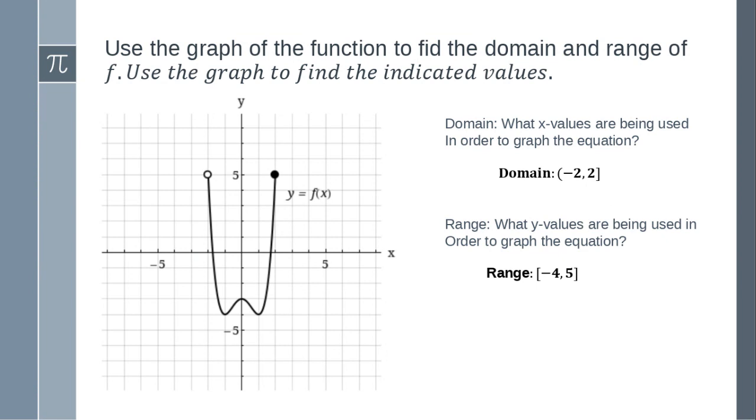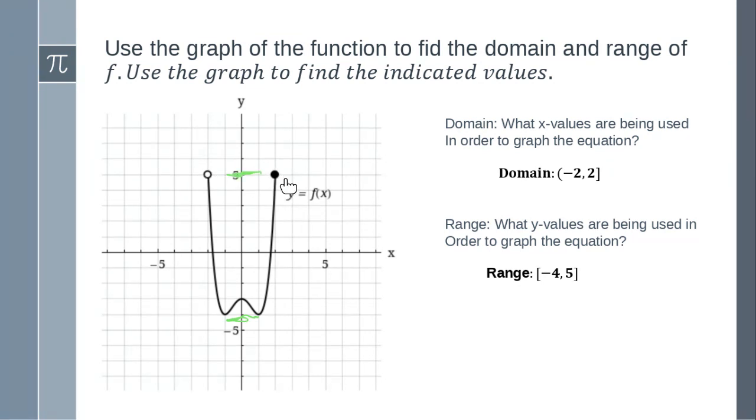Oh, and since I talked about my domain, let's talk about our range. Our range has to deal with all our y values. As you can see here, our smallest y value is -4, and it is included, so again, we use a bracket. Now, for the top portion, even though this side is not including the +5, this side is.